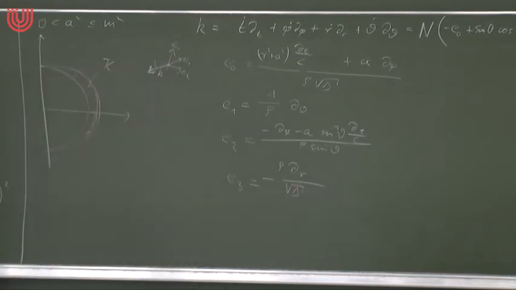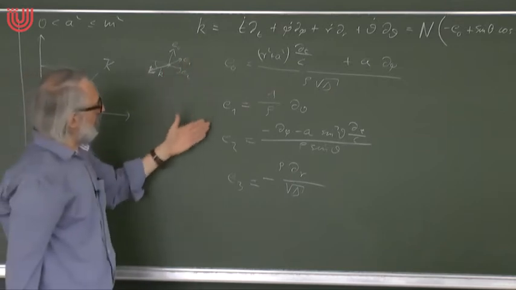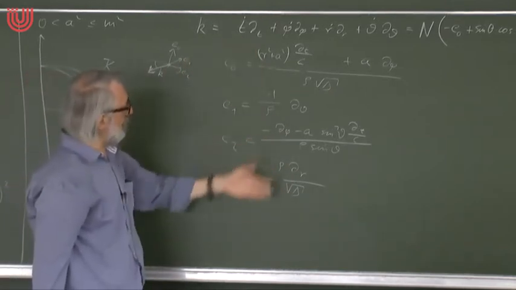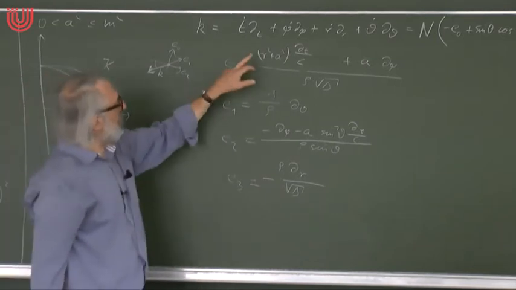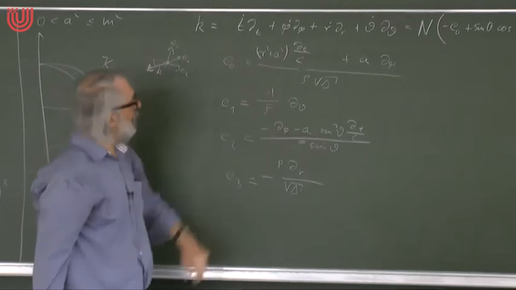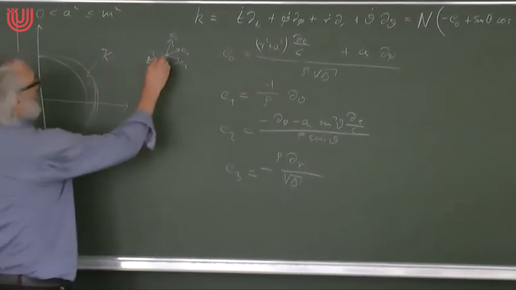I construct a basis on my manifold. The basis is given in terms of Boyer-Lindquist coordinates, and of course the basis vectors involve the Boyer-Lindquist coordinates where I am. So what I have to insert for the r here and for the theta here is the r and theta coordinate of the observer at this event.